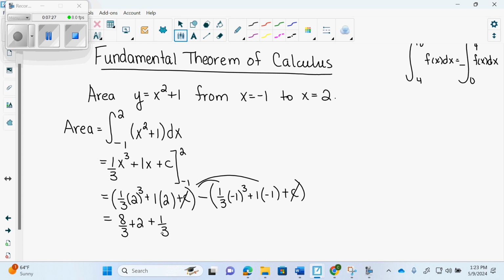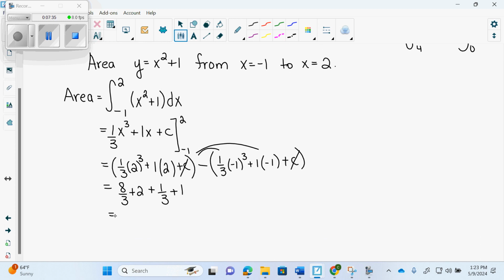And then I get -1 times 1 is -1, times -1 is 1. A lot of people try to make common denominators here. You don't have to. I'm going to get 8/3 plus 1/3, which is 9/3, which is 3, plus 2 plus 1, is 3. So it's actually 6. That's the actual area under this curve.